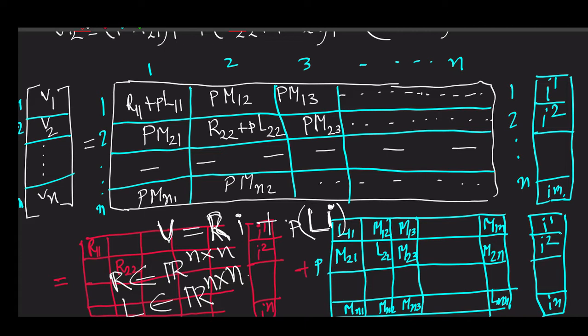Now what is the problem with this? In many cases we will notice that inductances are functions of the angular position of the rotor, and therefore they quite often become time functions.